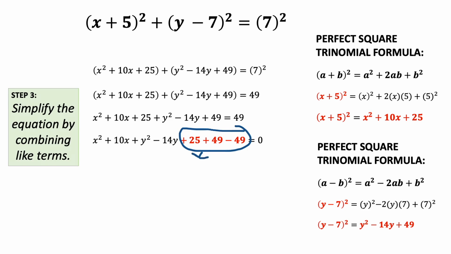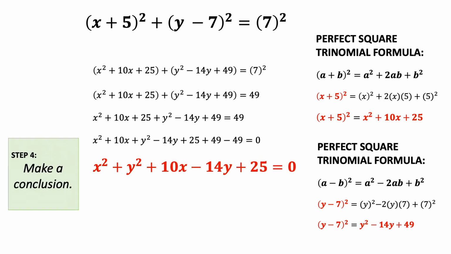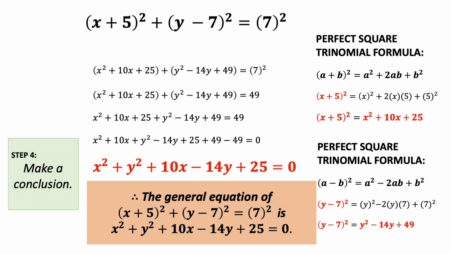Therefore, its combination should give us 25. Therefore, the general equation of quantity x plus 5 squared plus quantity y minus 7 squared equals quantity 7 squared is x squared plus y squared plus 10x minus 14y plus 25 equals 0.